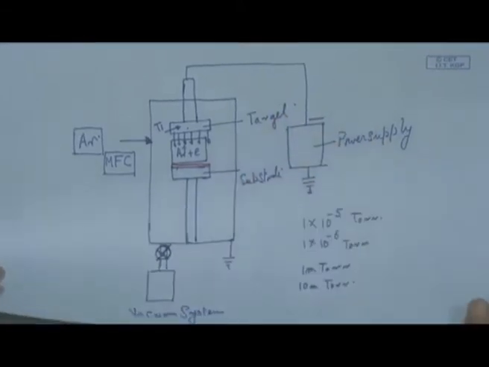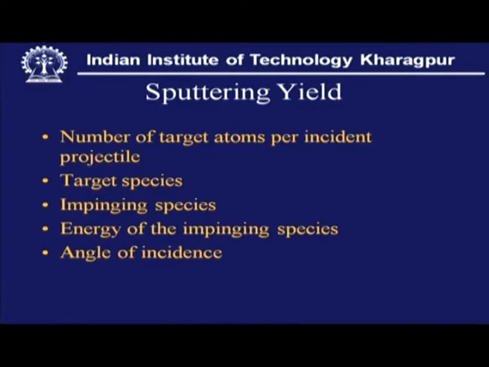Now, in the sputtering process, one cannot just ignore this point, that is called sputtering yield. Sputtering yield is that the ions, which are the projectile, are going to hit or strike the target surface.